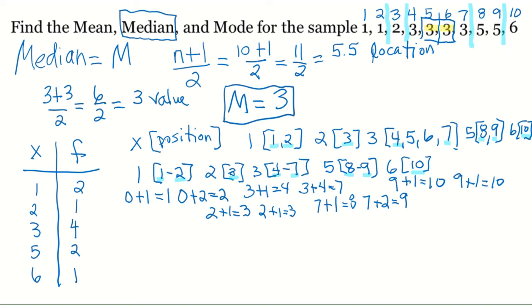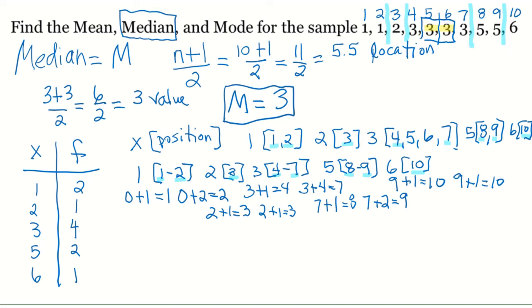So in the brackets are the positions that each of those values carry. So now that we have figured out the positions, we solve it exactly the same way that we did before.